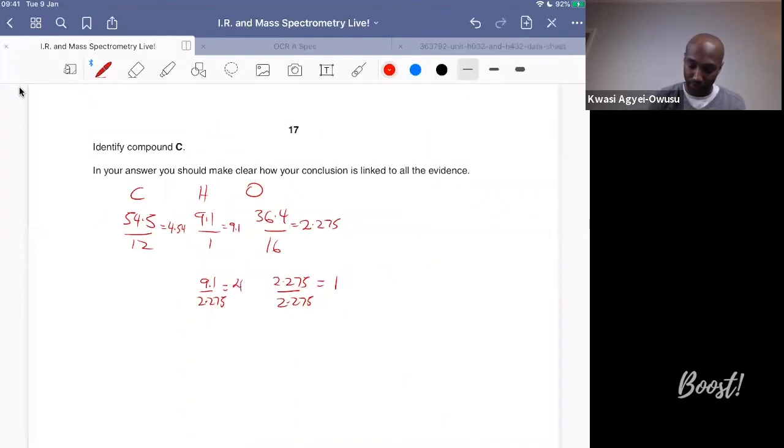And then we've got 4.54 over 2.275. That should give us about 2, probably 2 exactly. We've got 1.99, which will all round up to 2.